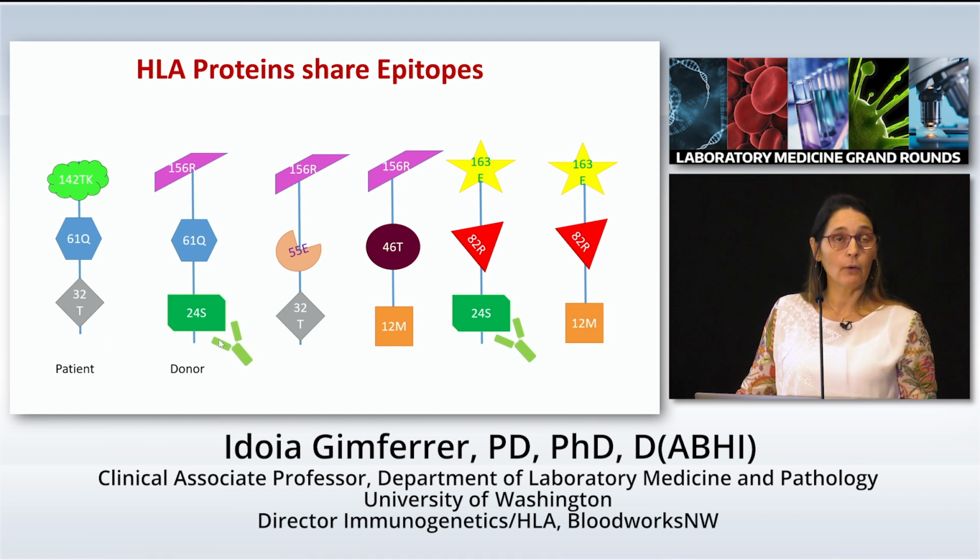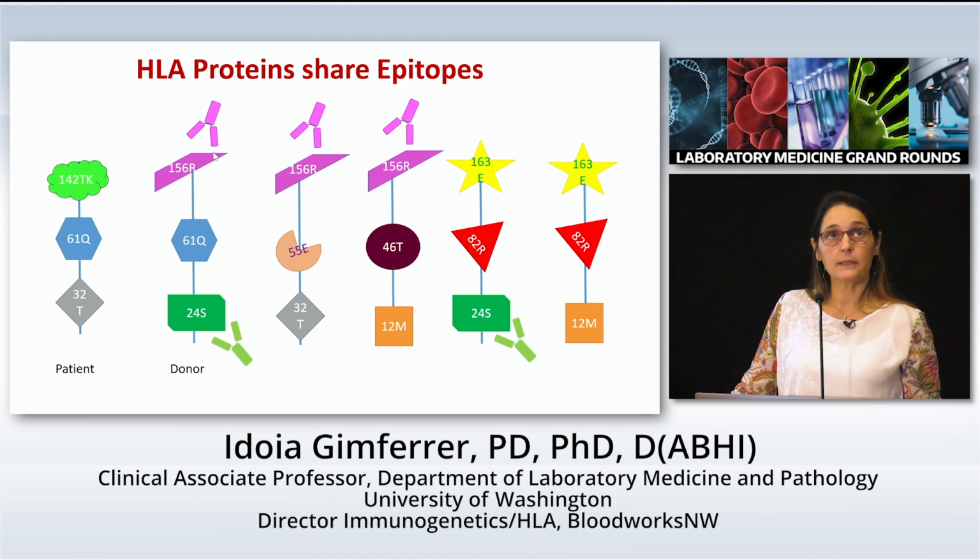This antibody now will bind to the donor cells, but if the serum of this patient encountered a different HLA because you need a second transplant, it will bind to a different HLA that has the same epitope, although the patient had never seen this HLA, but has seen the epitope. If it creates an antibody against this other epitope, which is much more broadly expressed, more HLAs share that, so it's going to be binding to all these HLAs.